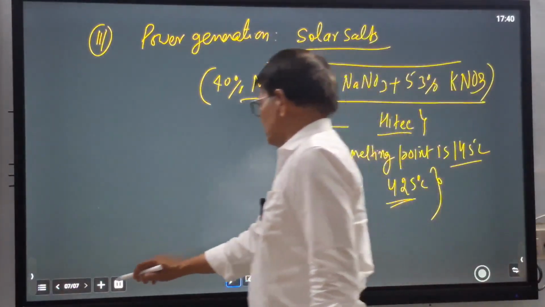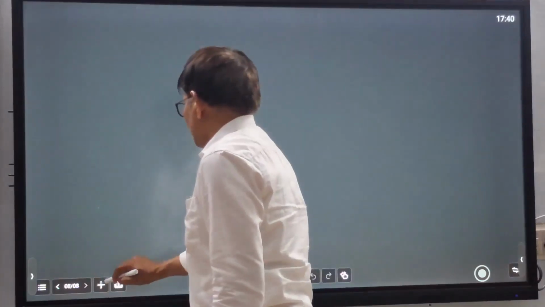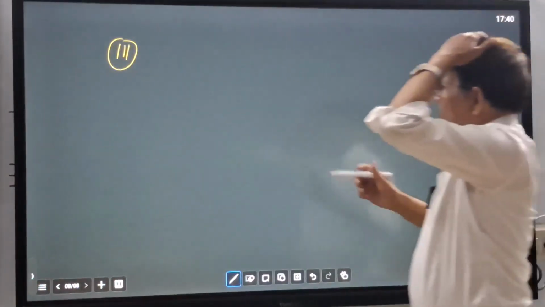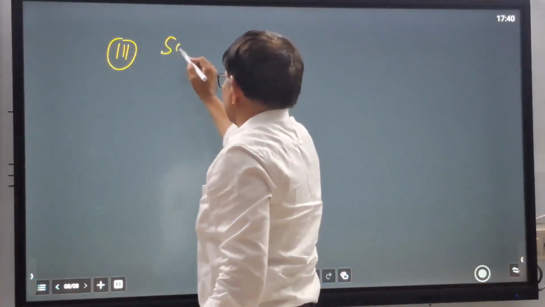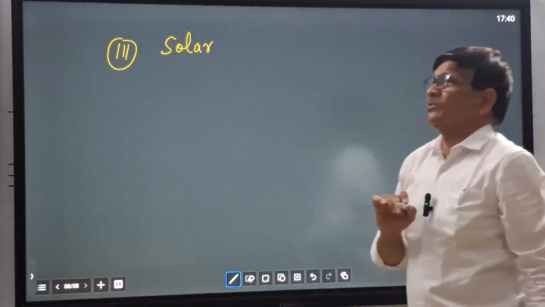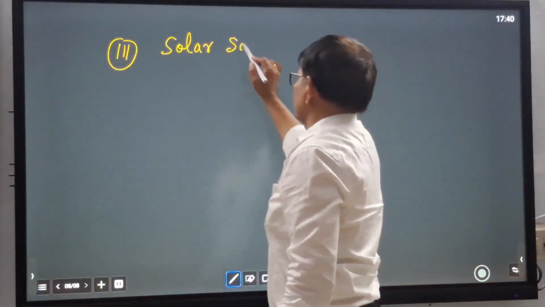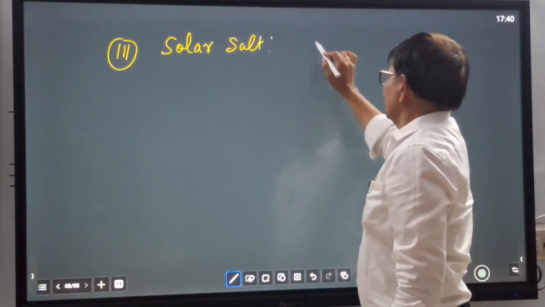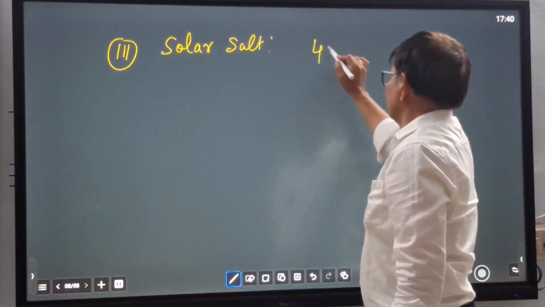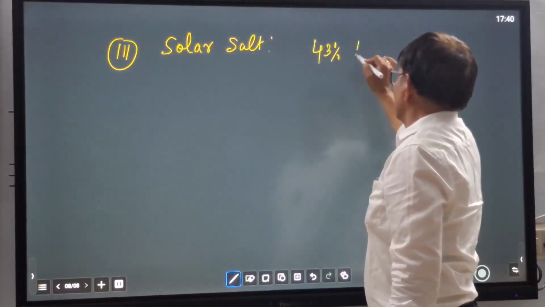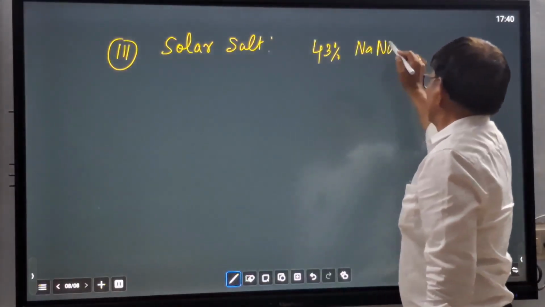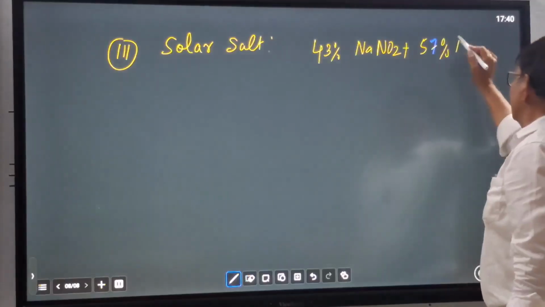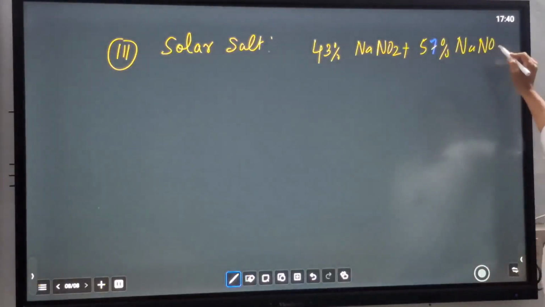The third one is another brand name, known as Solar Salt. Another combination of solar salt is around 43% NaNO2 and 57% NaNO3.